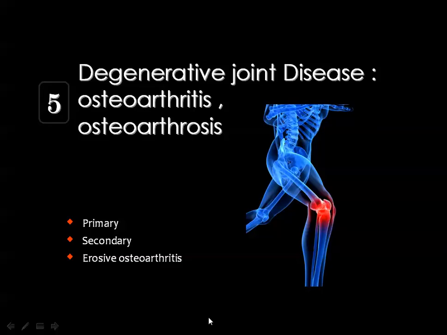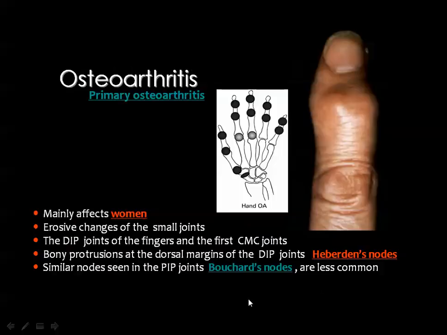Now, osteoarthritis is a well-known disease, and we have two main types, the primary type and the secondary type. There is also a type which is known as erosive osteoarthritis, which is almost confined to the small joints of the hand, and may be seen only in females in particular.